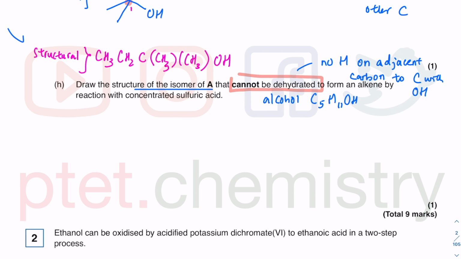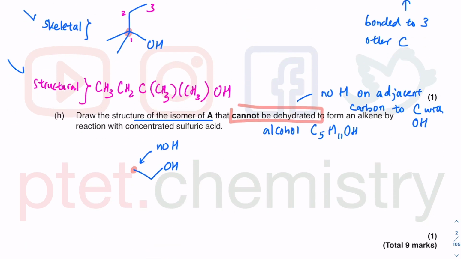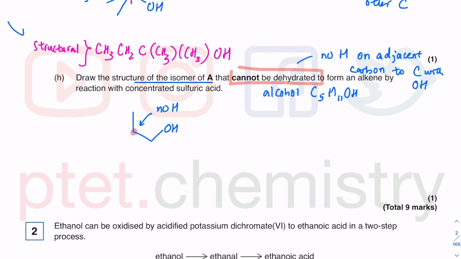So if I start off with drawing like this, let's say, I think that will not work because this is 1, 2, 3, 4, because then if I add it there, there is hydrogen there, so it doesn't work that way. So let me just put in the OH first. We don't want any hydrogen here, so no hydrogen there. We have a 5 carbon alcohol to play with. So I can put 1, 2, 3, 4, 5 carbon alcohol.